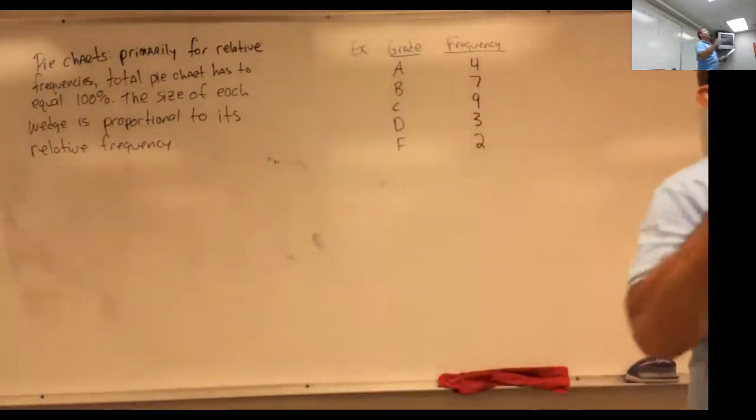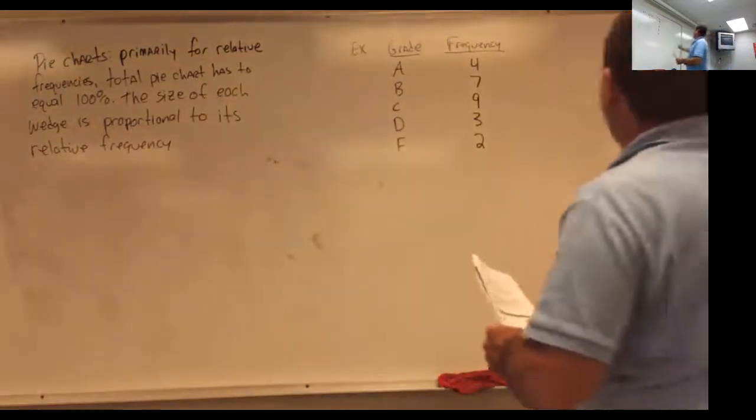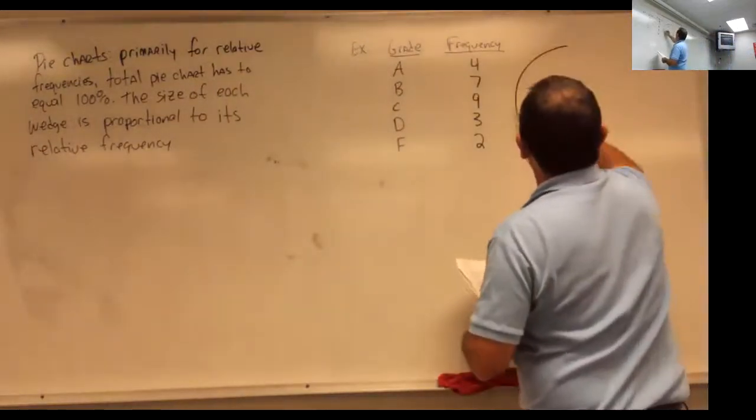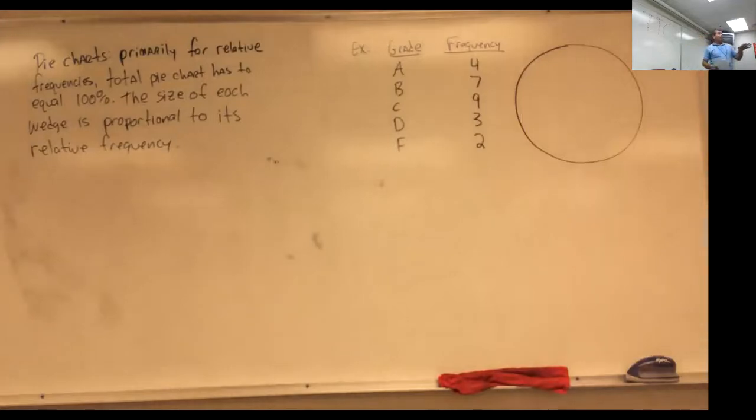So this one had 25 students in it, okay? So I'm going to try to draw a pie chart representing this. Microsoft Excel does it a lot better. You just put your data in, tell it, hey, I want a pie chart, and boom, it kicks it all sliced up and everything.